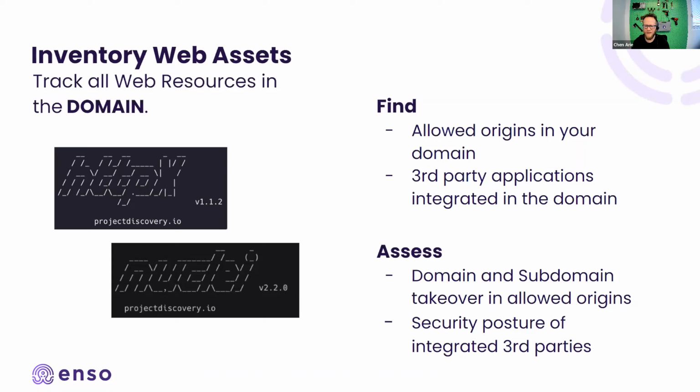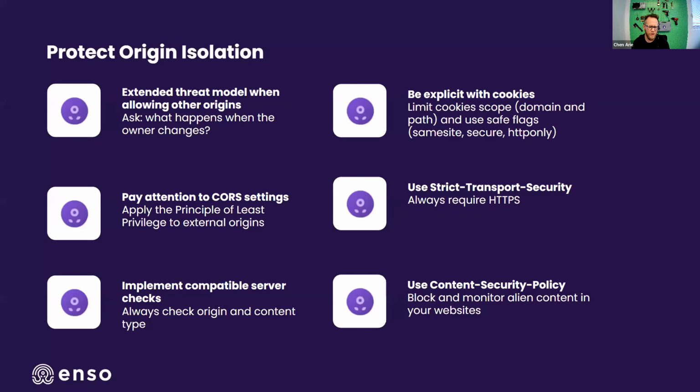So let's drill a little bit into protecting origin isolation. You need to extend your threat model to ask, wherever it's relevant, wherever you're having some sort of trust in an origin, and surprisingly enough, email validation includes this, but other scenarios as well. Ask what happens when the record, the owner of the other side, the IP, the resource changes.